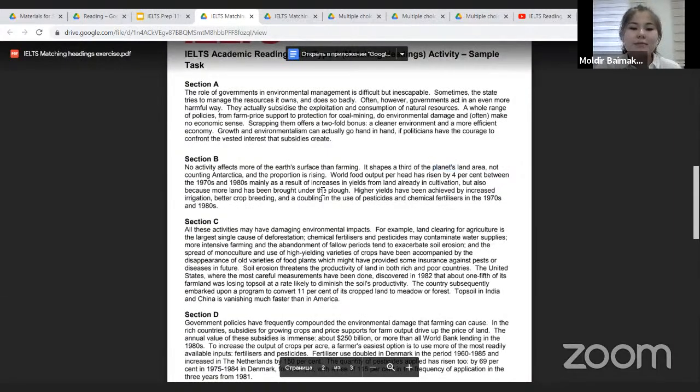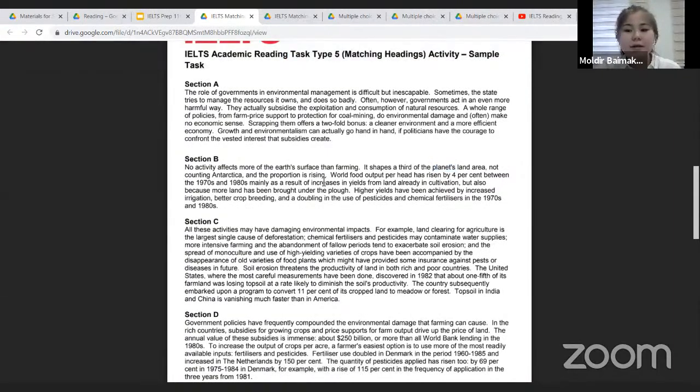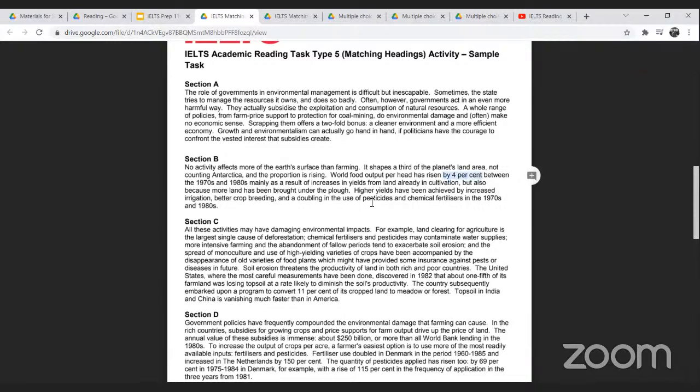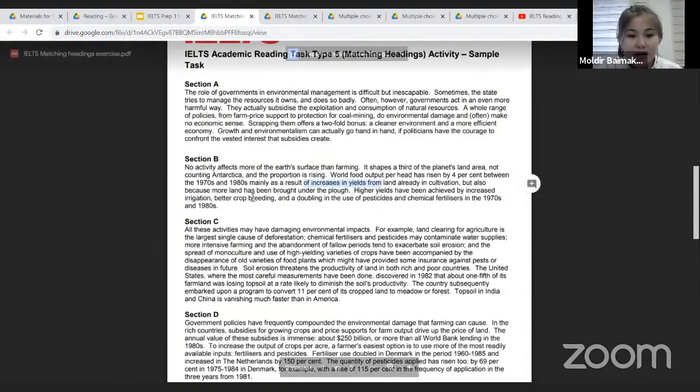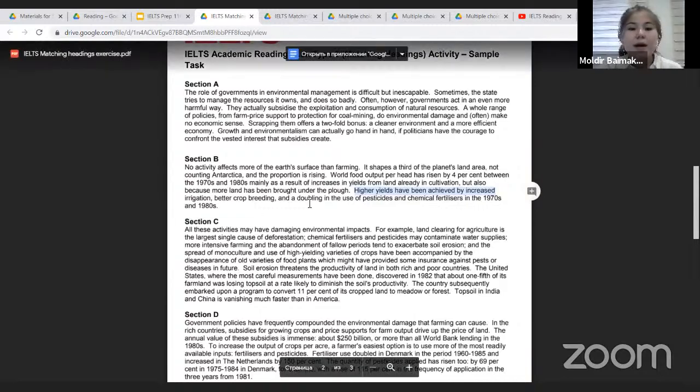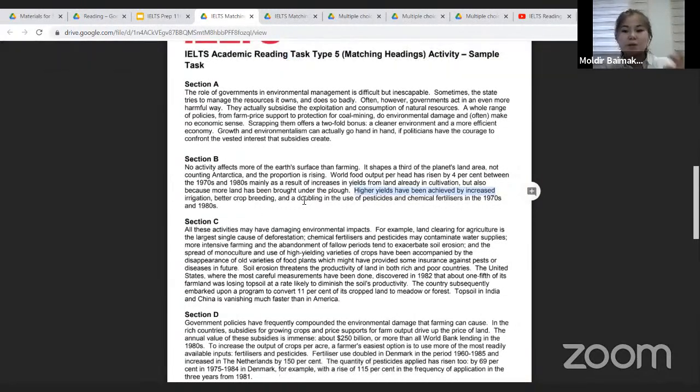But the aim of this paragraph is to talk about the food output, right? For example, food output per head was rising by 4%. It also mentions increases in yields. And here, higher yields have been achieved by increase. So you have to distinguish between the main idea and the supporting idea.